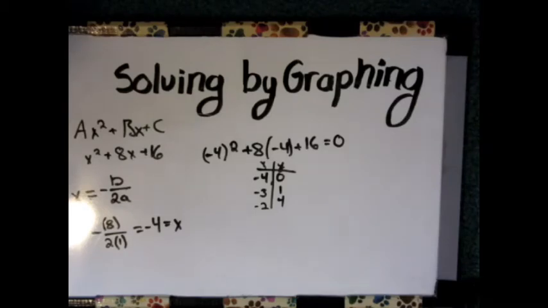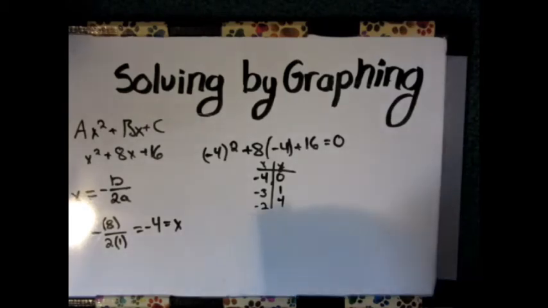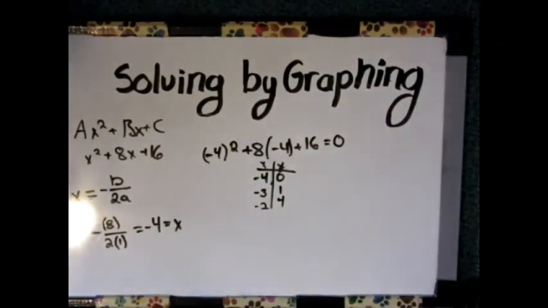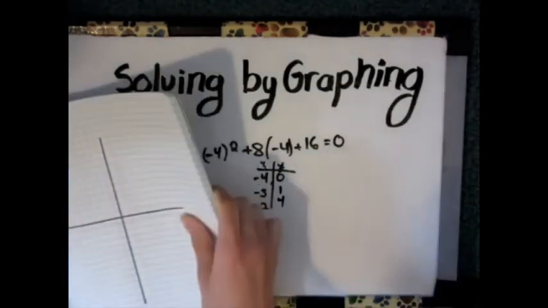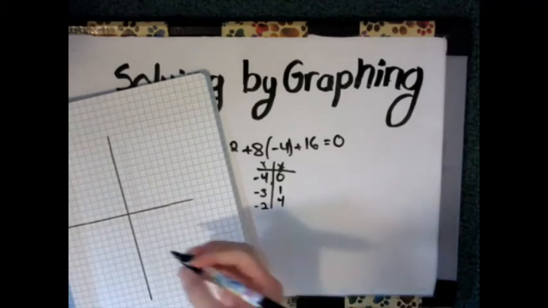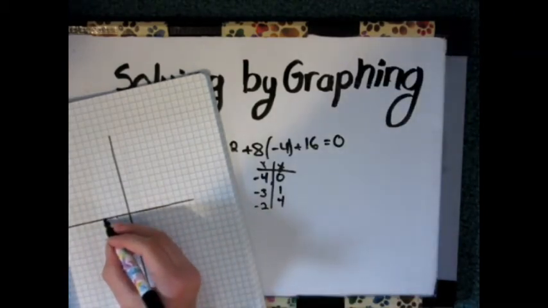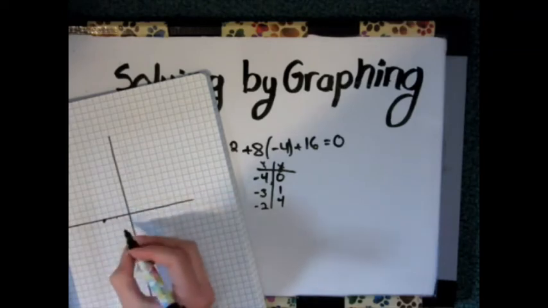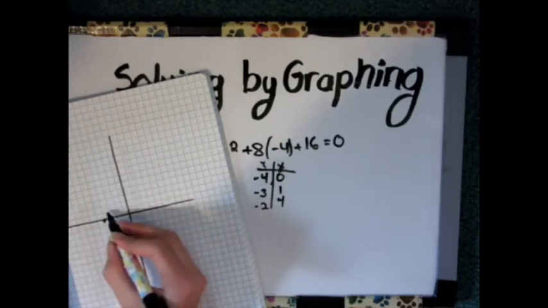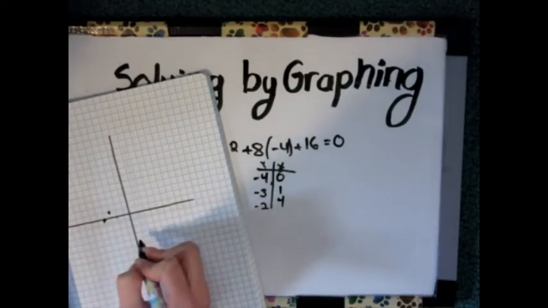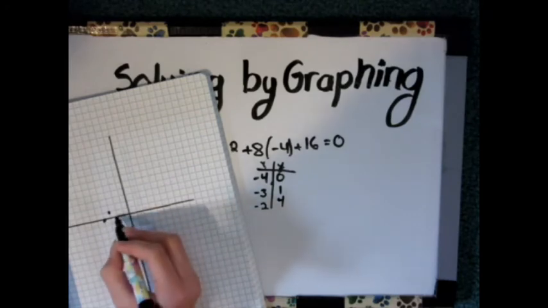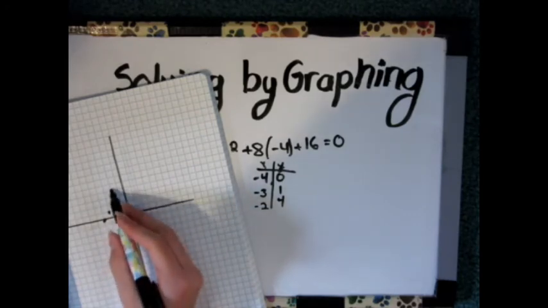And start plotting points. Try and get this in frame here. Alright. So we have negative 4, 0 as our vertex, negative 3, 1 as our next point, and then negative 2, 4 as our next point.